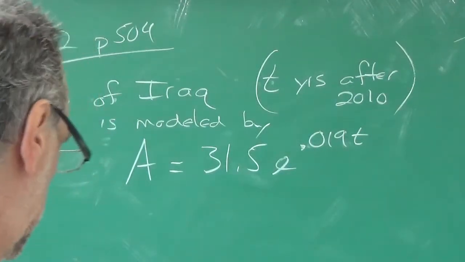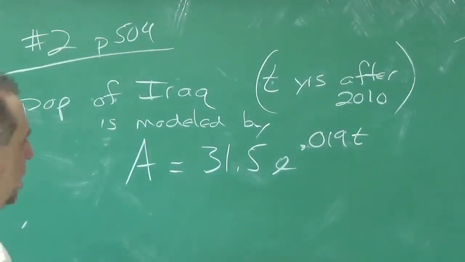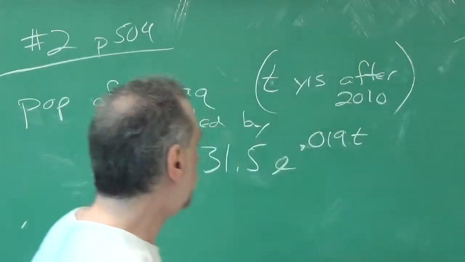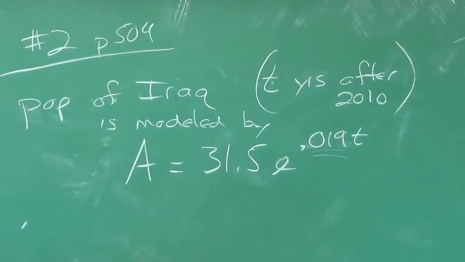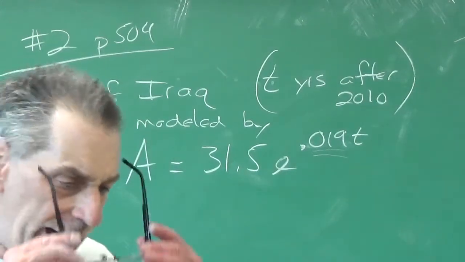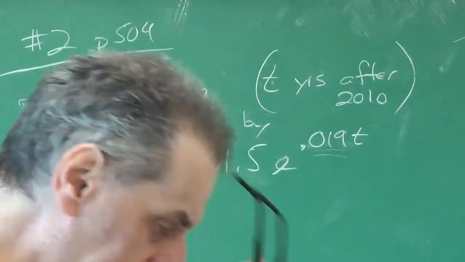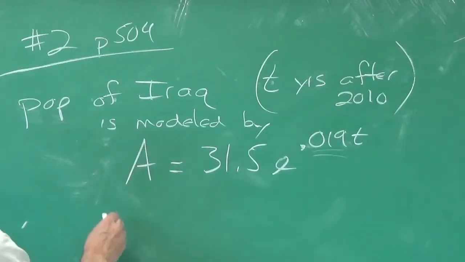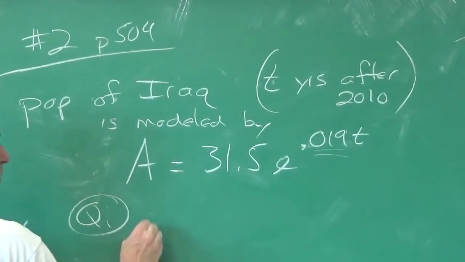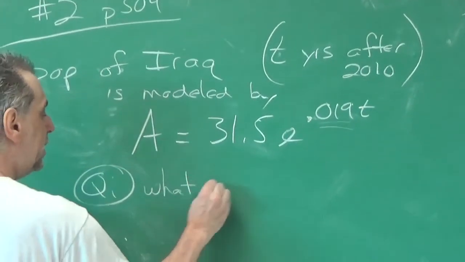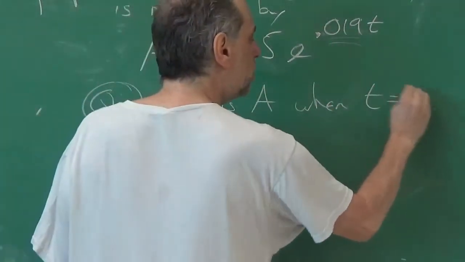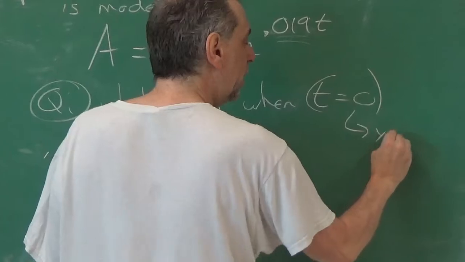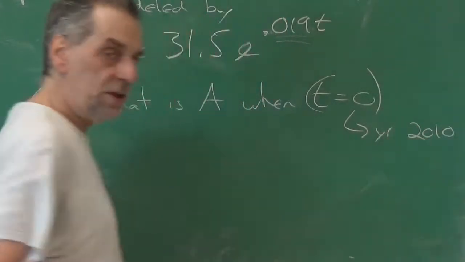All right, so this is very similar to the last equation we used. Notice we're looking at the exponential growth function since k is a positive value. And number 2 says, what was the population in 2010? Well, this is no different than what we looked at before. So basically we're saying, what is A when t equals 0? t equals 0 is the year 2010.